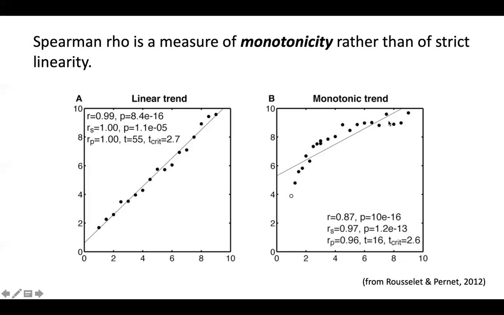Spearman's correlation coefficient measures this monotonic trend. As long as there's a monotonic relationship, it can have a perfect correlation of 1. As long as the two variables agree in their ranks, even if the absolute differences vary, as long as the rank order is the same, we are good. Okay.